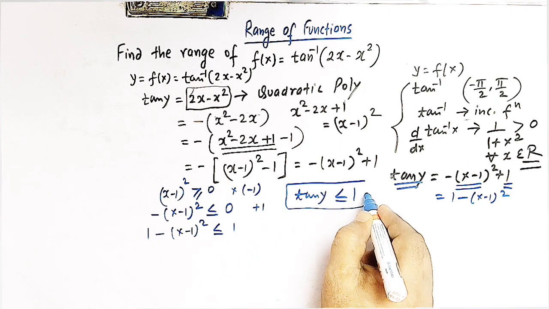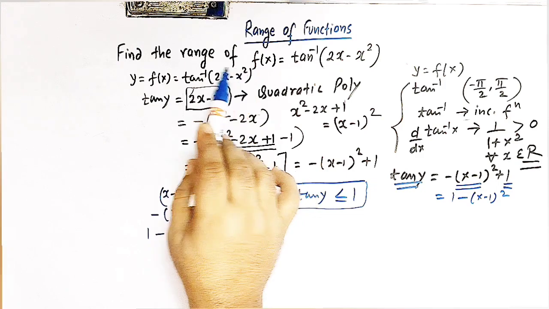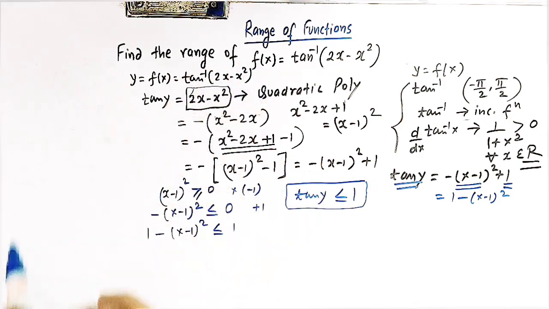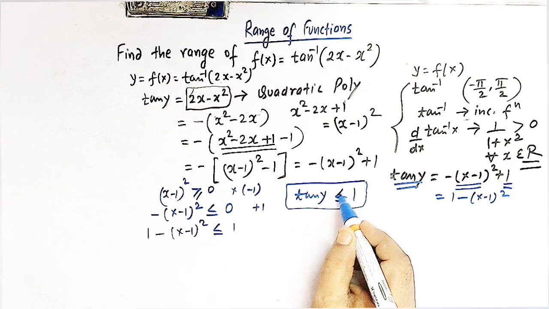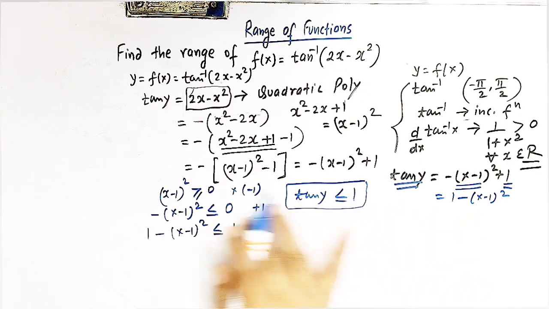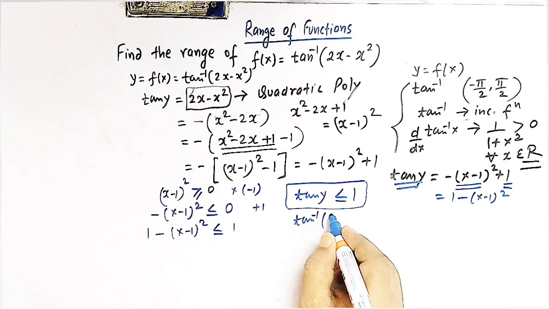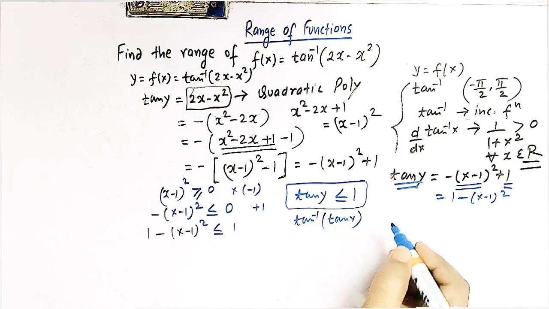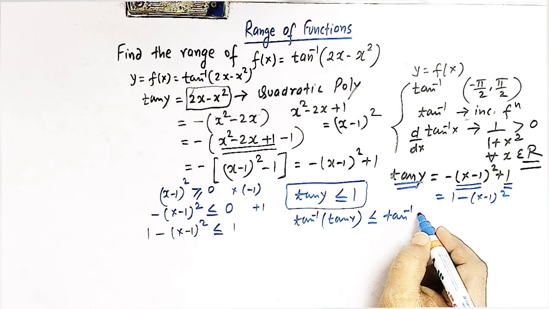So this is an important inequality in connection to finding out the range of this function. So we have tan y is less than or equal to 1. Now let us take tan inverse of both sides. So we have tan inverse of tan y, and here we have tan inverse of 1.